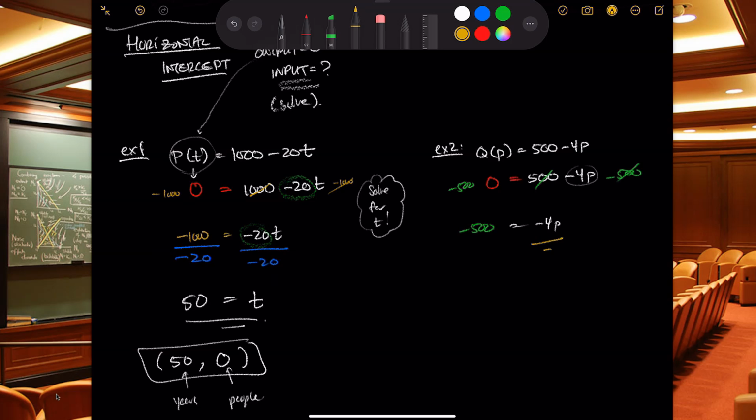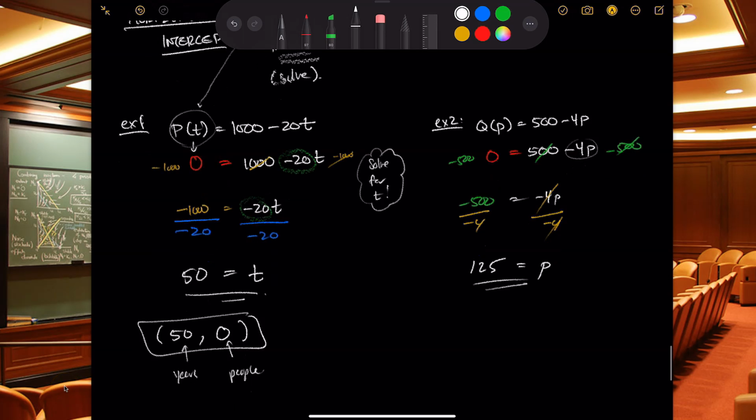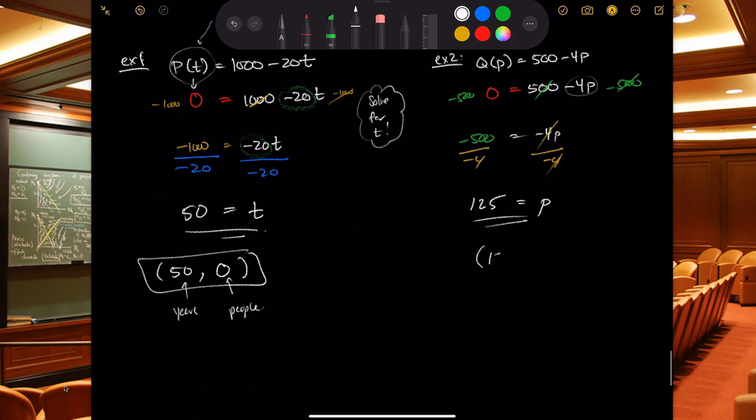And we divide both sides by negative 4 or multiply by a negative 1/4. And we get P is, well, 500 divided by 4. 125. Not too much thinking. So what is this? This is the P value when the output is 0. This is the horizontal intercept. This is where the graph crosses the horizontal axis.